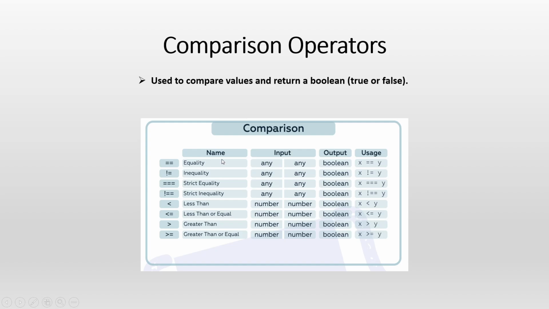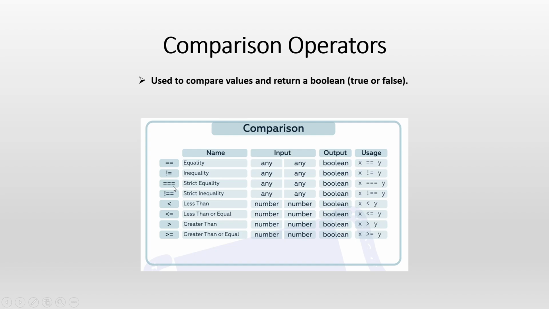The output would be Boolean. If both values are equal, it gives true; if they are not equal, it gives false. Next, not equal to checks whether this thing is not equal to the other. Triple equal to is strict checking.